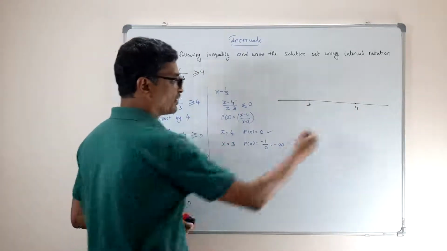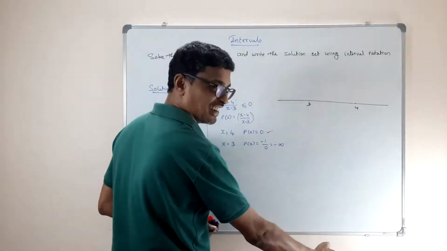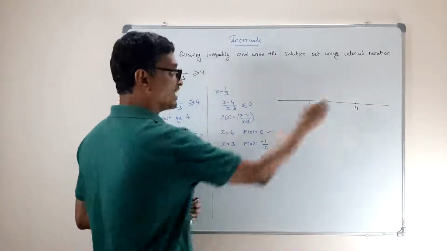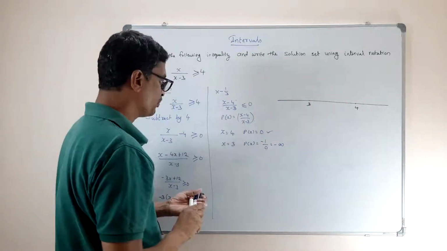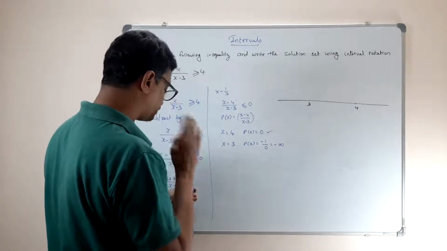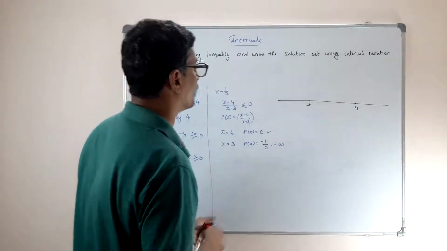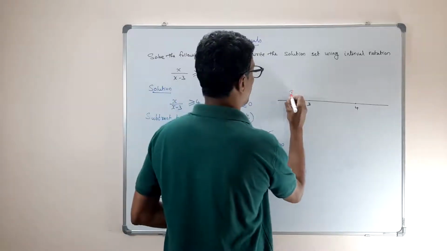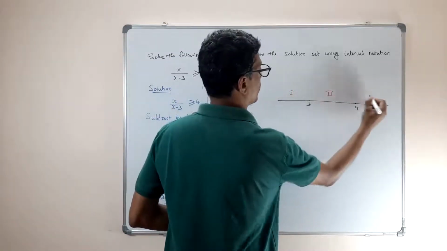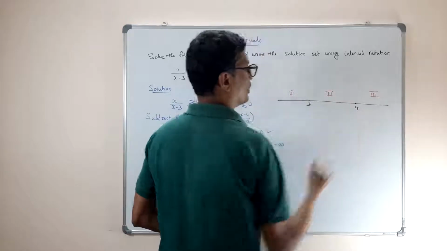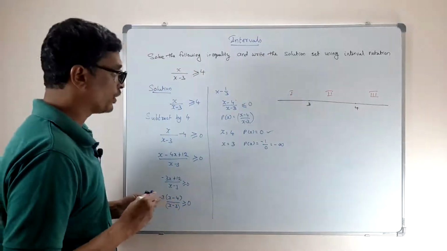So this goes from 0 to minus infinity. And let us see what will happen in these regions. This is divided into 3 regions: 1, 2 and 3.